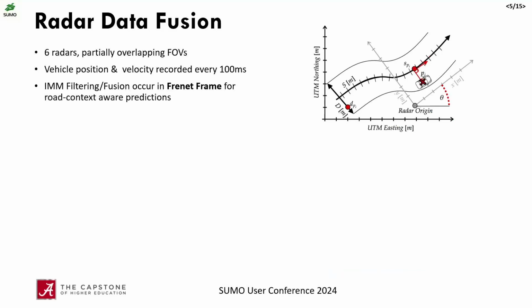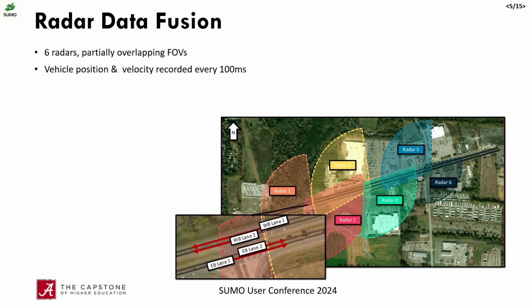To do the actual fusion and association, we convert the radar coordinate system into the Frenet or curvilinear coordinate system. Each vehicle is mapped to a lane center line and some distance from that center line. This is really powerful for us because it makes predictions quite easy. Even though the fields of view overlap, it's very rare that the radar tracks a vehicle all the way through its field of view.